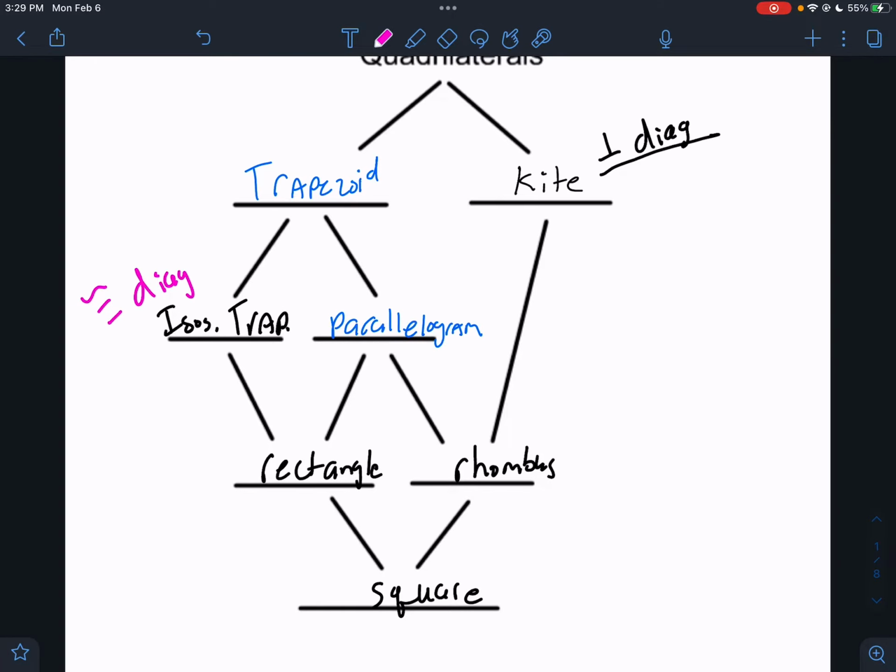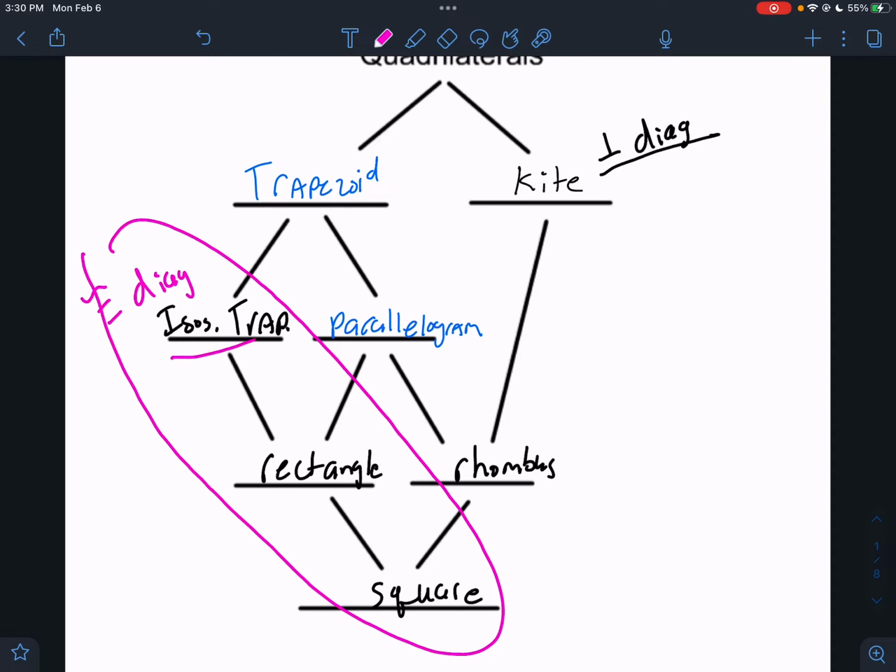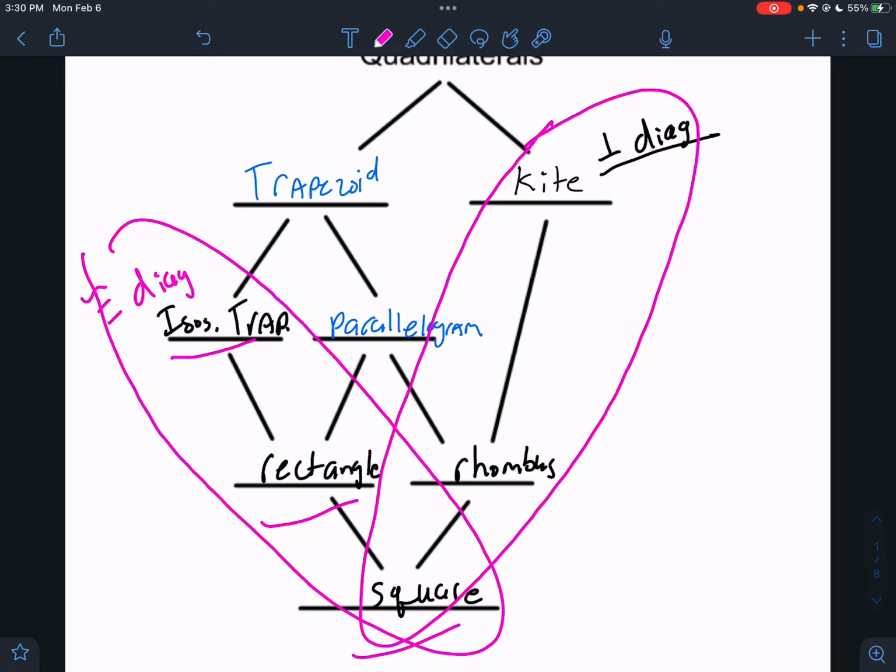But let's spice it up a little bit. What if I said, hey, I got this shape. It has congruent diagonals and perpendicular diagonals. So take it one piece at a time. Congruent diagonals, you know it has to be one of these three. These are the only shapes with congruent diagonals. And if that's all you knew, you would say isosceles trapezoid. But wait, what else do they tell you? They tell you it also has perpendicular diagonals.